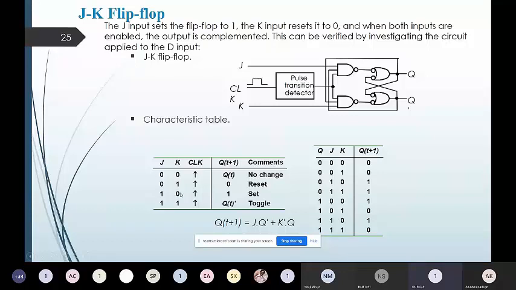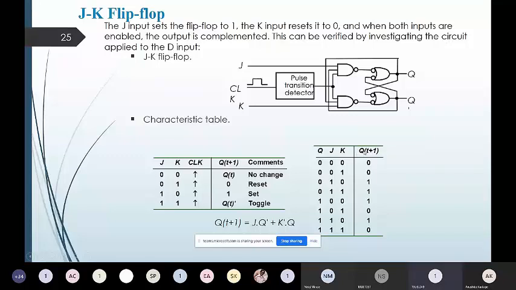Now, if I represent this characteristic table in the form of a K-map, which is a 3 variable K-map, and do the simplification, I can get the characteristic equation for Q of t plus 1.